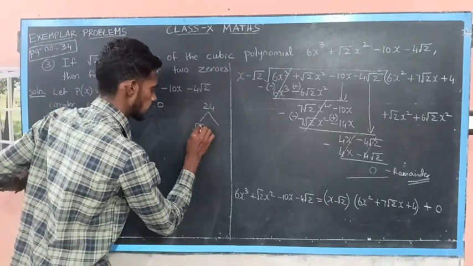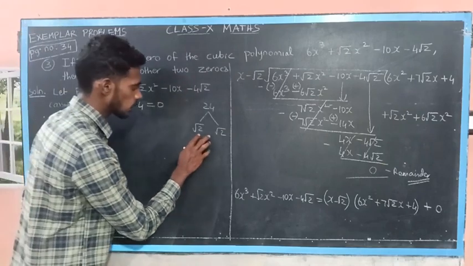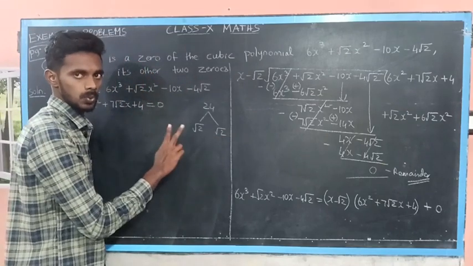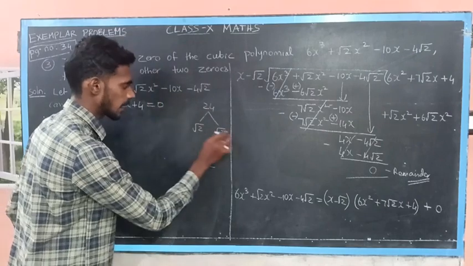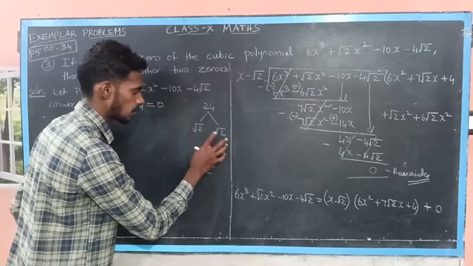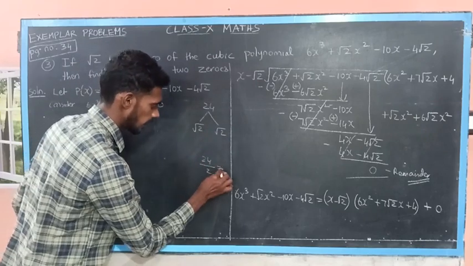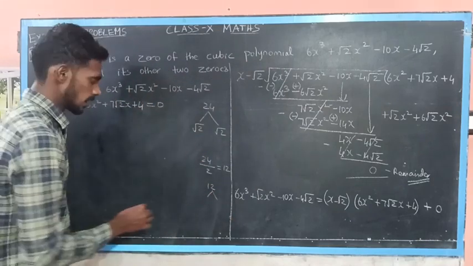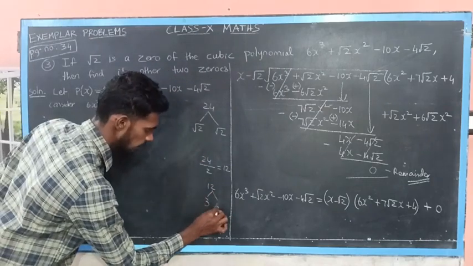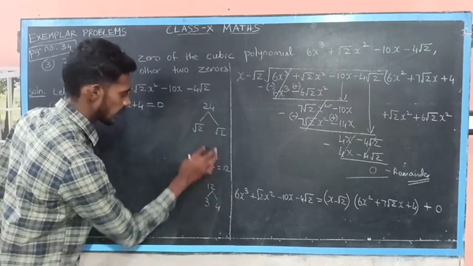So first write root 2. Okay. So when we multiply root 2 into root 2, we will get 2. Okay. So the number 24 has to be divided by the number 2, that is the product of these two. Okay. So 24 by 2 gives 12. Then we have to find the factors for 12. Okay. So 12 can be written as 3 into 4. Okay. So consider 3 and 4 as the factors.